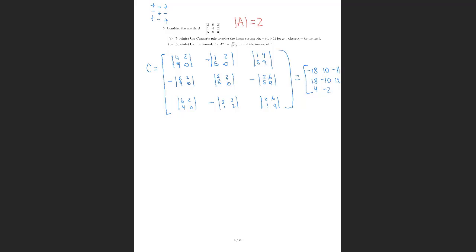That'd be negative 2, and then 2. Okay. All right, so then with that, A inverse should be the transpose of C over the determinant of A. So determinant of A was 2, and then we'll just transpose C, and that'll be that. Okay?